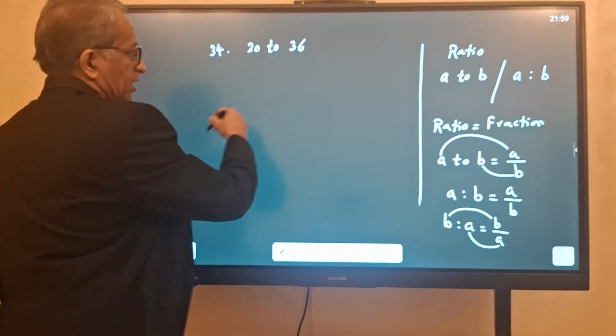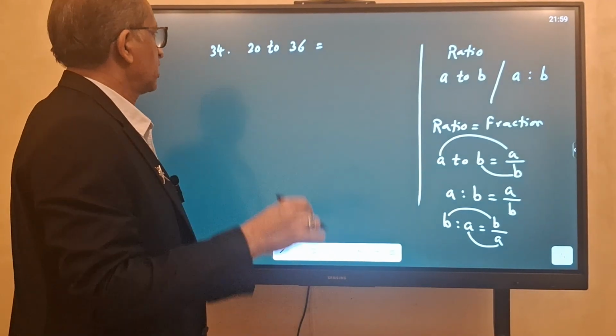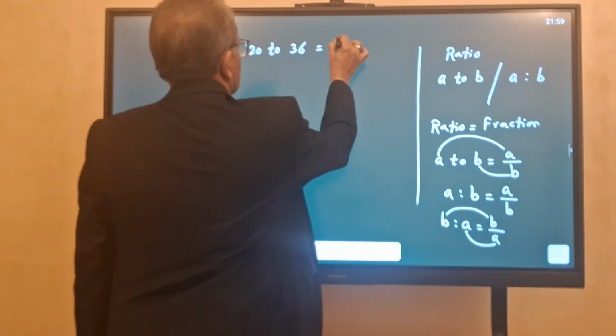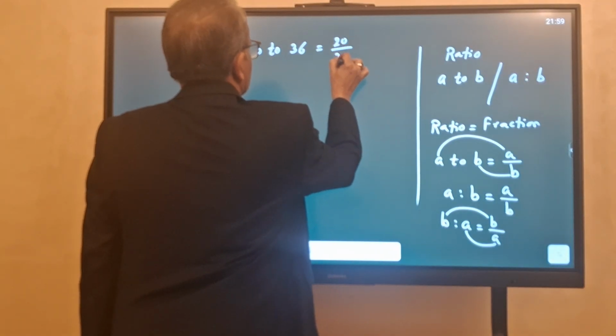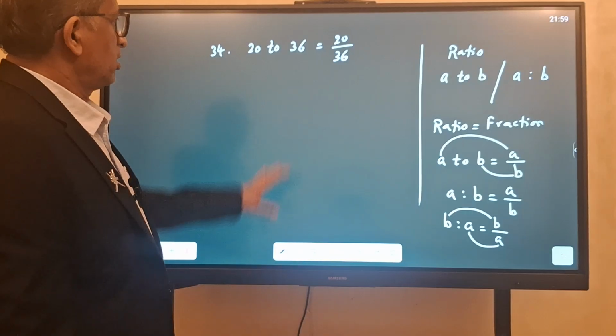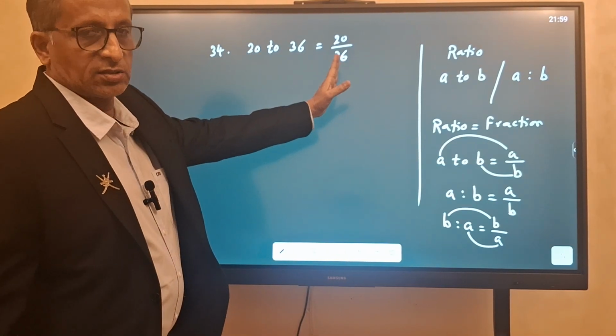So looking at that, here you are asked to write the ratio as a fraction. The answer is 20 divided by 36. Now we are converting ratio to fraction.